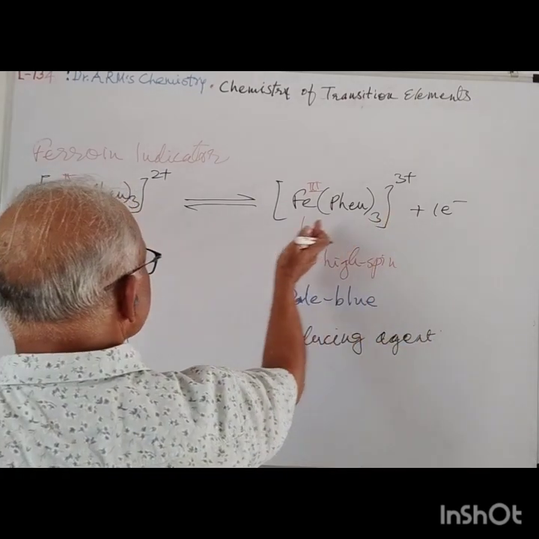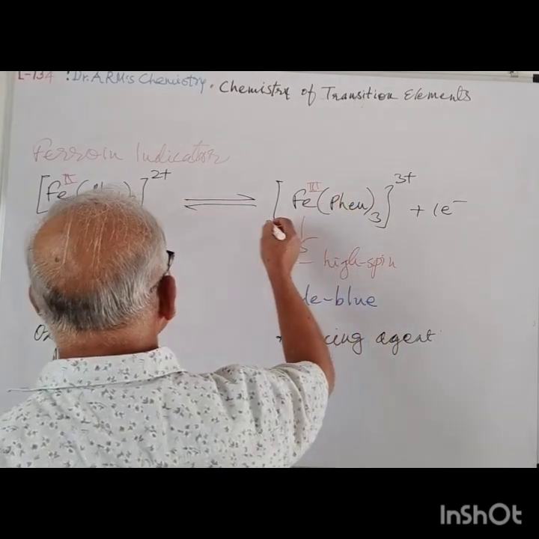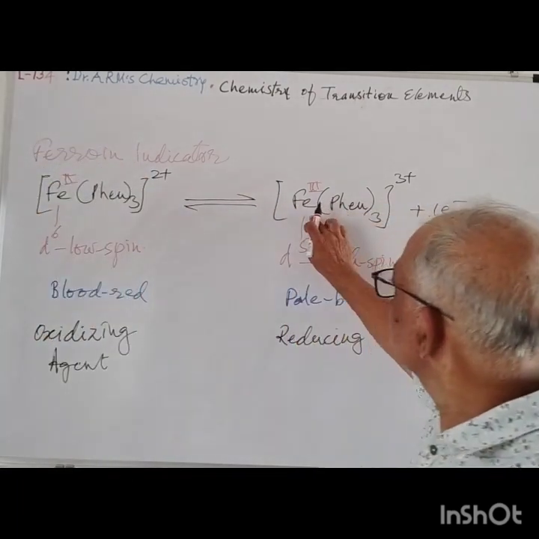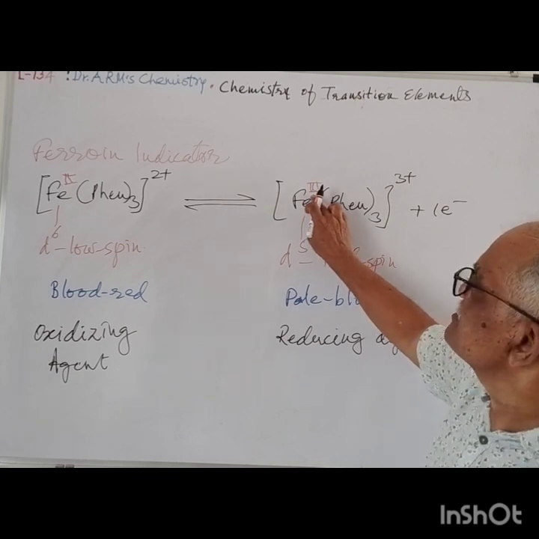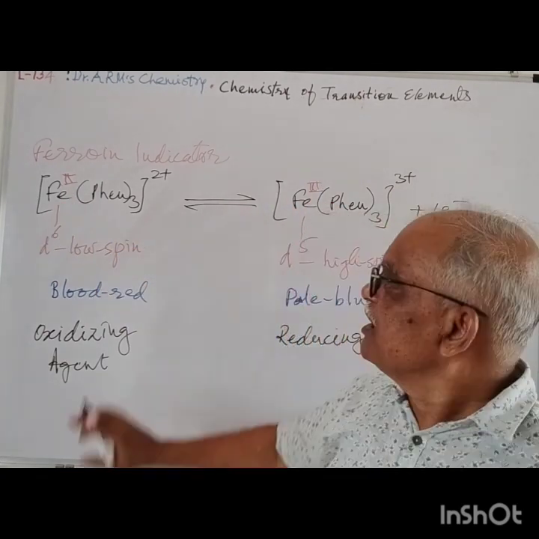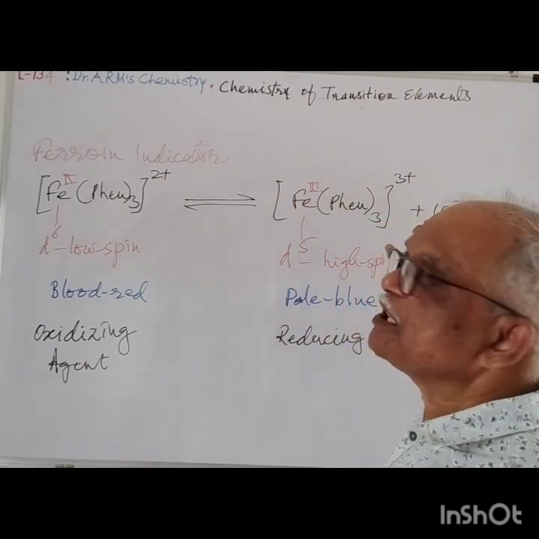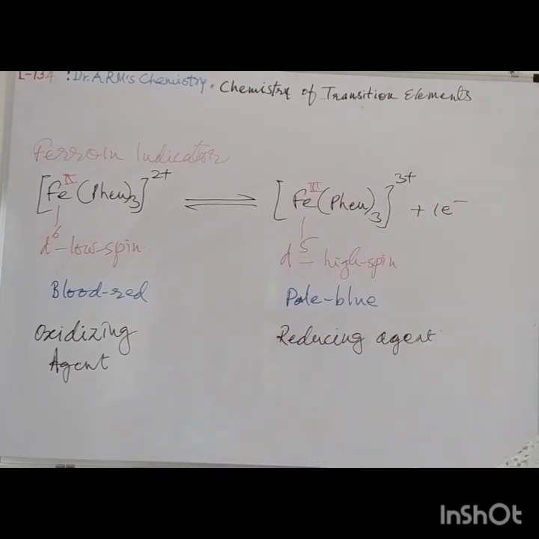If the reaction takes place in the other direction, an electron is added to Fe3 plus and it is converted into Fe2 plus, so the complex shows reduction. So Fe3 plus is reduced to Fe2 plus, or Fe2 plus is oxidized to Fe3 plus with the loss of 1 electron. In this way, the ferroin complex shows different colors under different conditions.